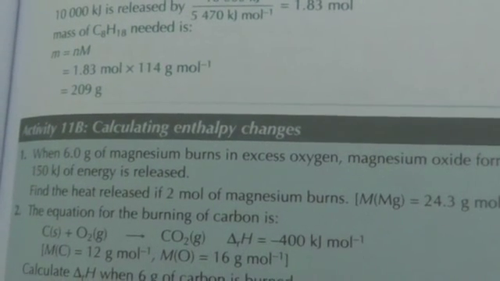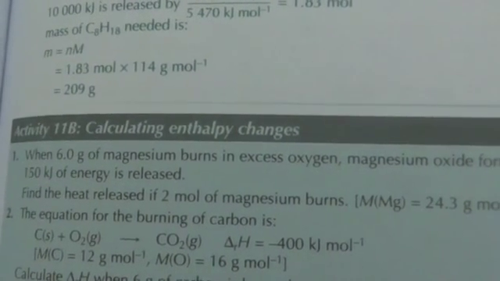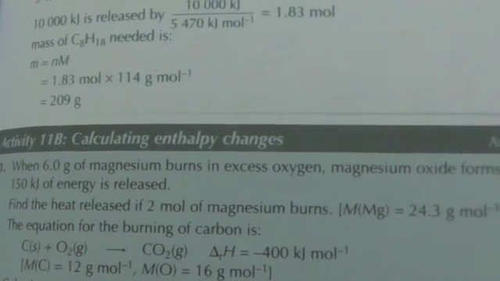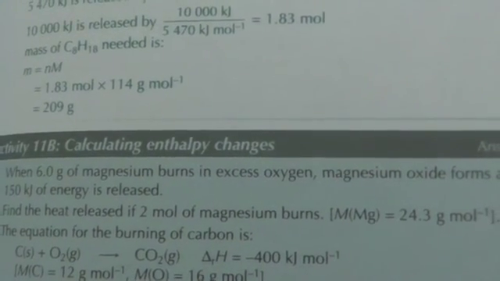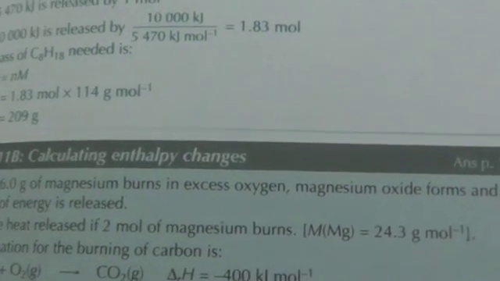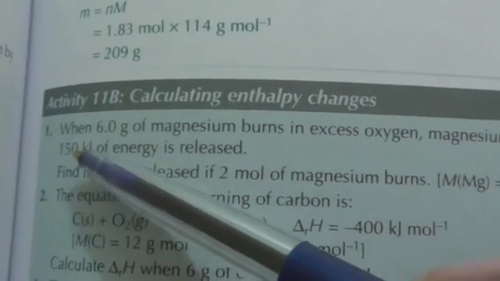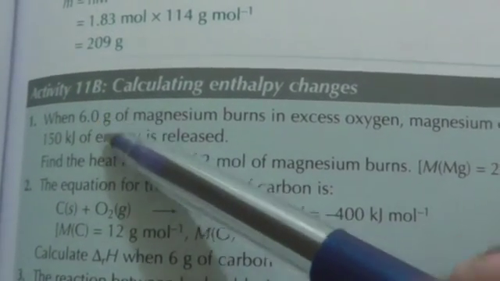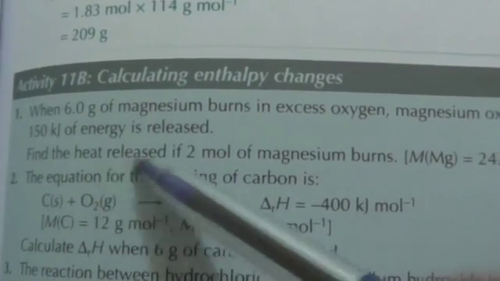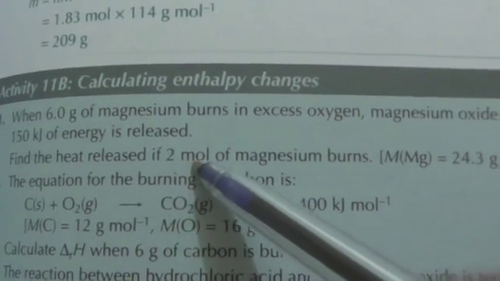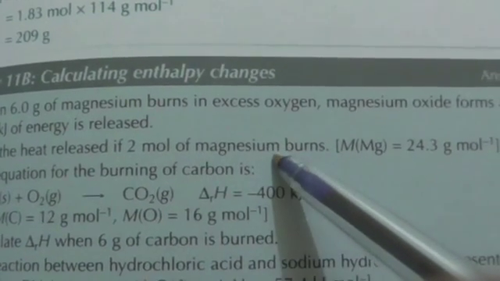So the question is then, find the heat released if you had 2 moles of magnesium burning. This is the amount of energy that's released, 150 kilojoules when you have 6 grams. But they want you to find out how much heat will be released if you have 2 moles of magnesium.